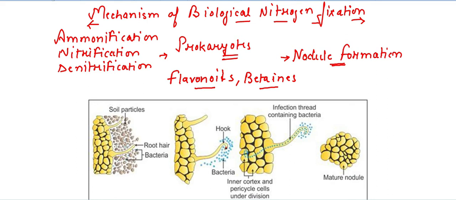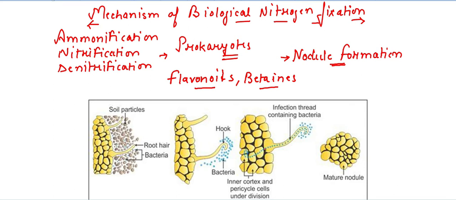These nod factors are released by the bacteria, and this is responsible for the curling of the root hairs. After that the infection thread is formed, and this infection thread reaches the cortical cells, opposite to the protoxylem points of the vascular strand.